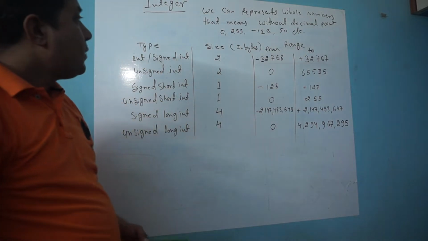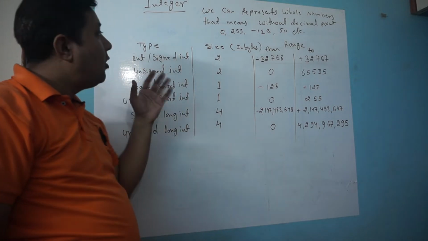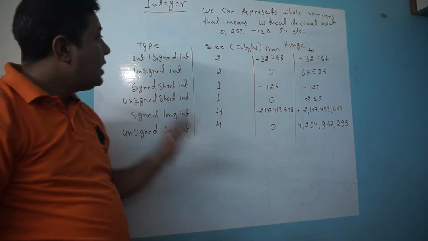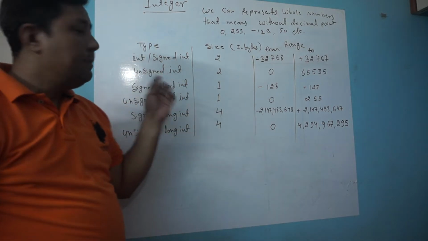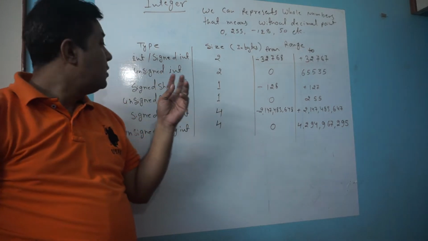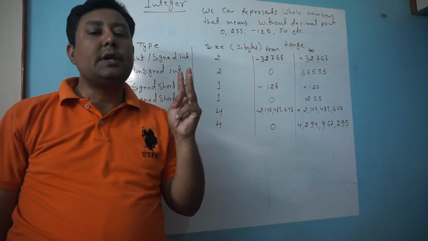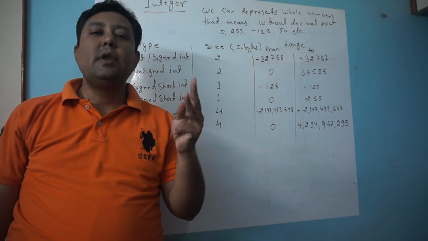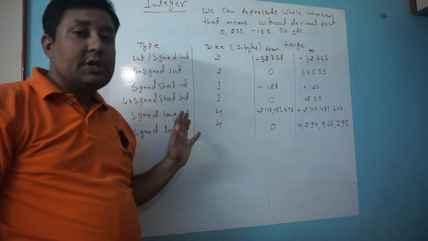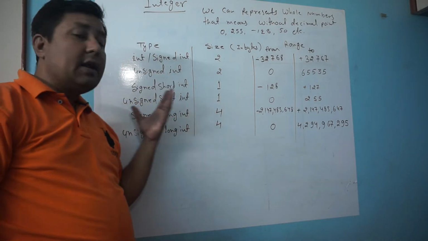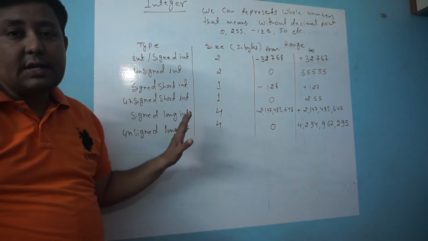Now, in the past lecture, we described integers. There are three types of integers available: simple integer or integer, short integer and long integer. According to their nature, if they are signed or unsigned, they are further categorized into 6 categories.